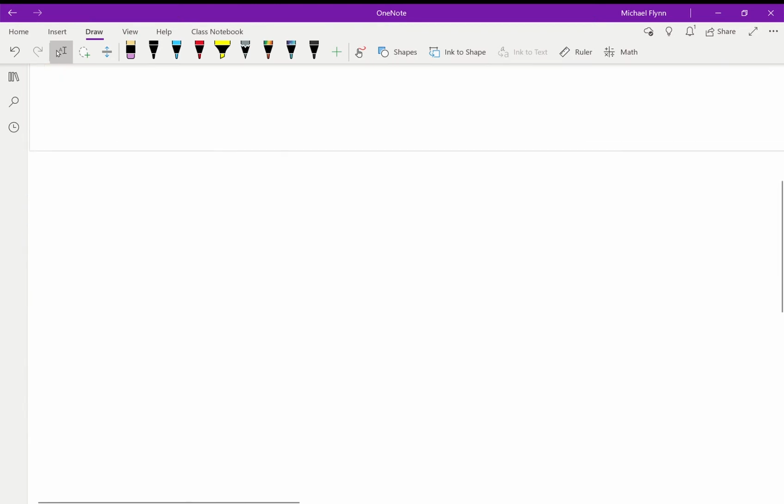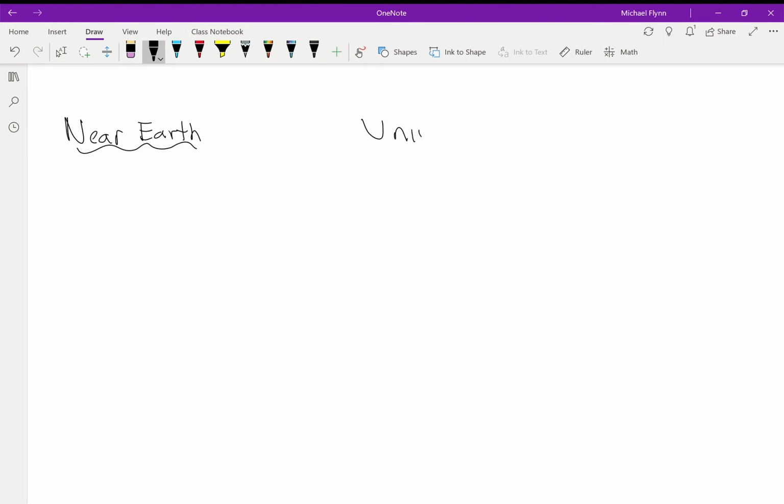All right, universal gravitation. I'm just going to remind you how it works near Earth, and then in the universe, I'll do right next to it. Near Earth, the force of gravity we just use is mg, where g equals 9.8 meters per second squared. That's like a broken record, we do that all the time.